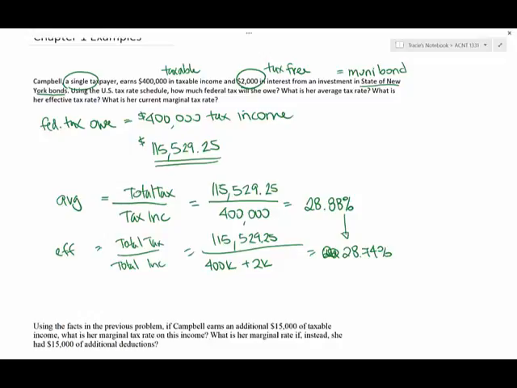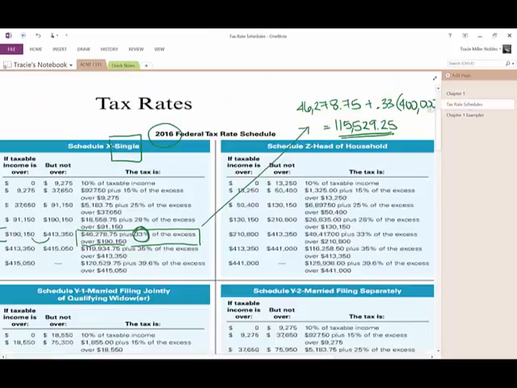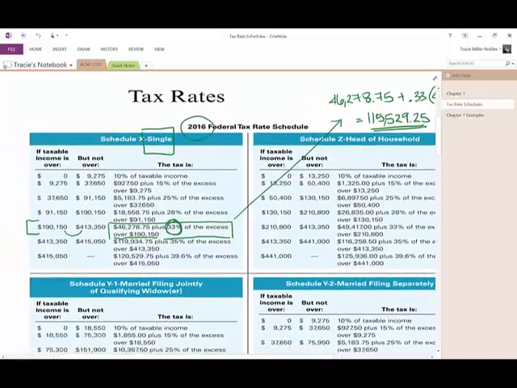Okay, so now we need to do the marginal rate. The marginal rate is a little confusing in this example, but we're going to think through this. Remember, marginal is if her income increases, what is she taxed at? We know that she's currently at a 33% rate, and that she will be taxed at 33% up to $413,350.